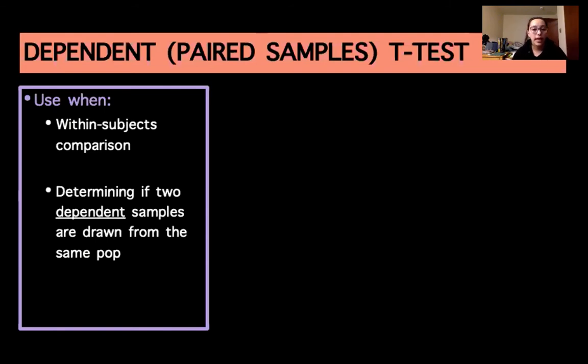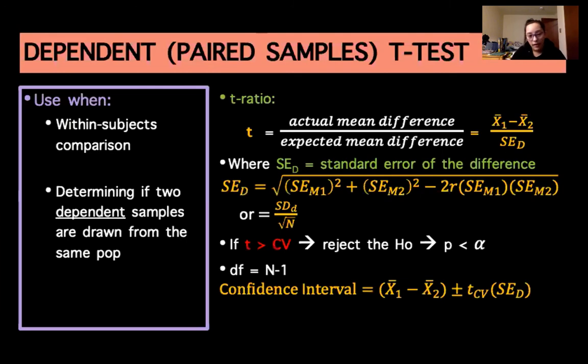The whole thing again is we want to see, given some intervention or difference between the samples, are they from the same population, or are they significantly different from each other, representing different populations? The math behind all of it is pretty much the same.